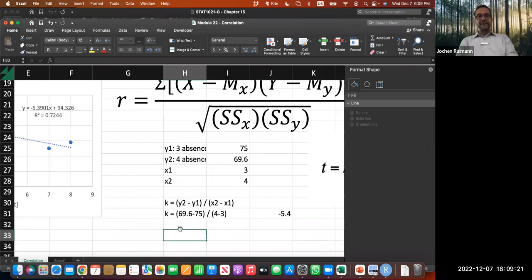So now we spoke about extrapolation and interpolation. If you want to extrapolate your function, and let's say you want to extrapolate up until an absence of 9, how would you do that? You have your formula. Your formula is y equals minus 5.4 multiplied by x plus 94.326.